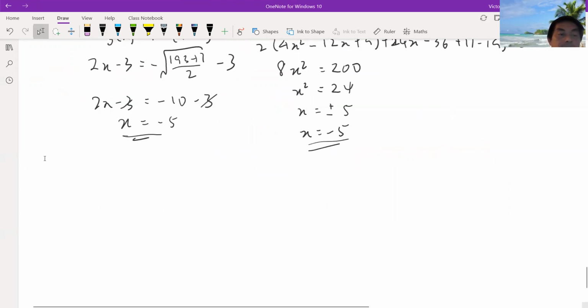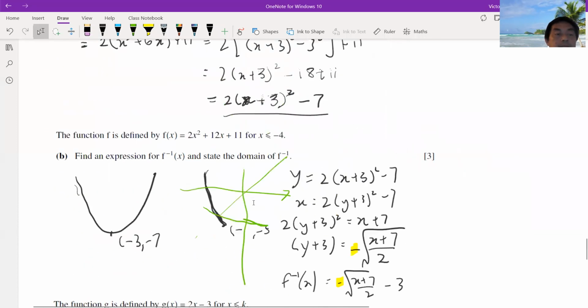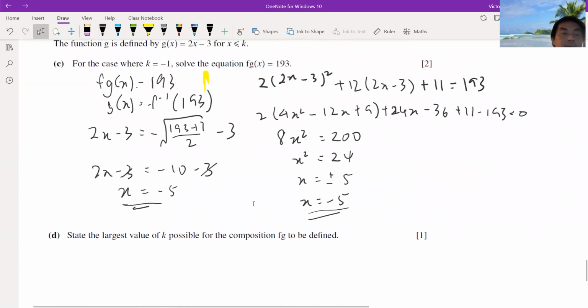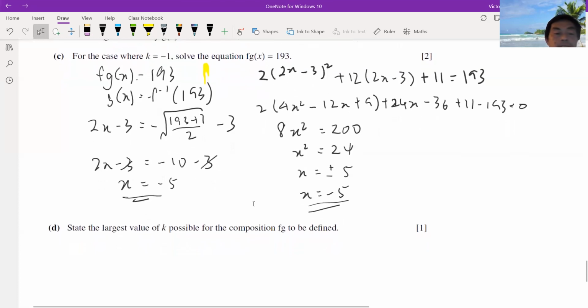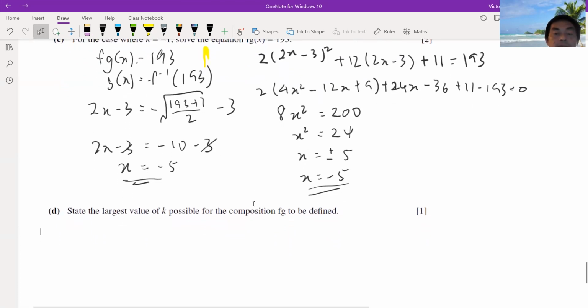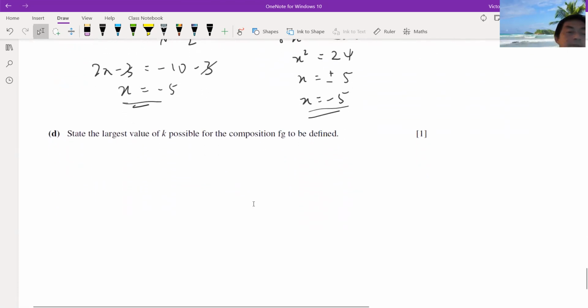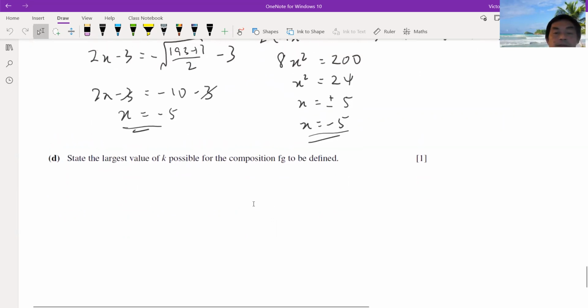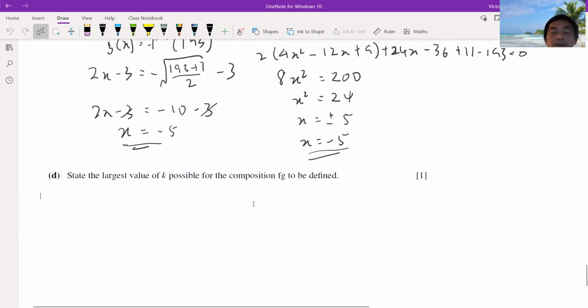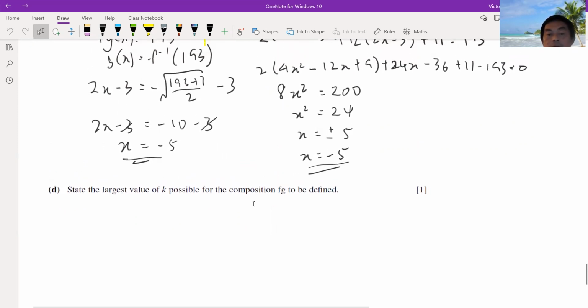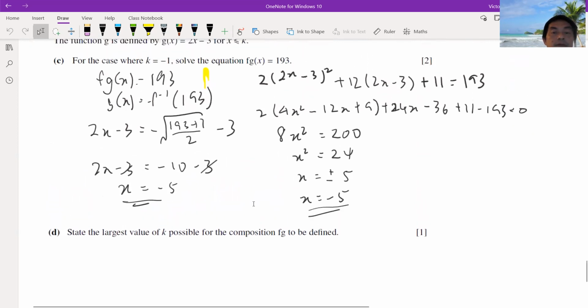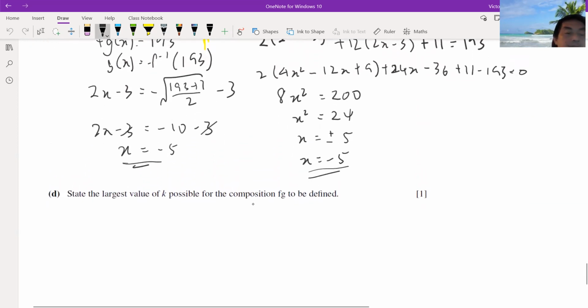This is question number 9, nearly the end. The question is a bit more difficult. Say the largest value of k for the composite function to be defined. So for the composite function fg to be defined, the range of g must be within the domain of f. So g is 2x minus 3. The range, 2x minus 3, must be inside the domain of f.